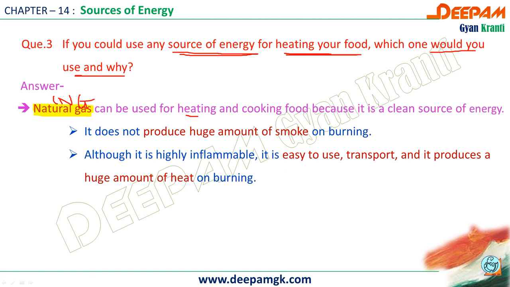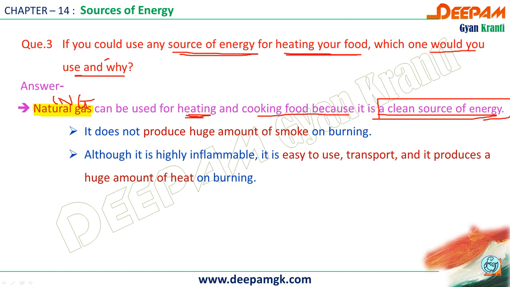Okay, it means you should write like that. If I have to heat my food, I would like to use CNG or natural gas to heat and cook my food, because it is a clean source of energy. The first thing is that it is a clean source of energy.